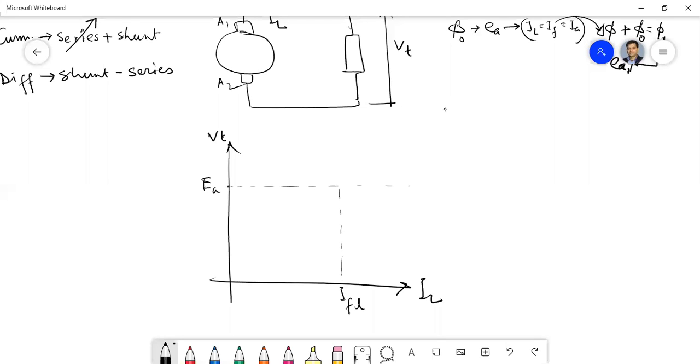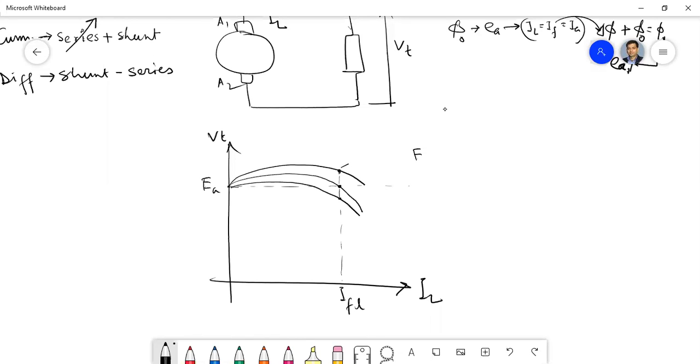Now by adjusting the series field, you may have the characteristics like this, or like this, or like this. So this is the full load voltage.